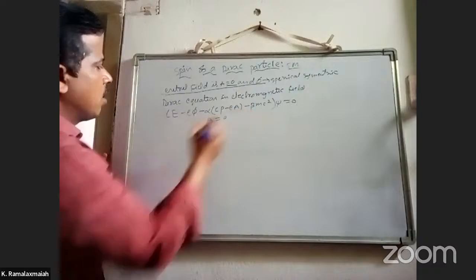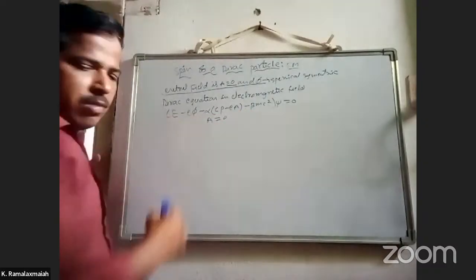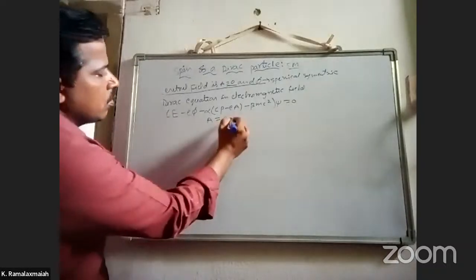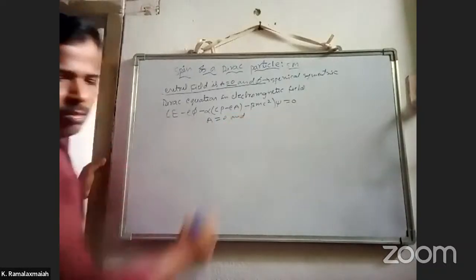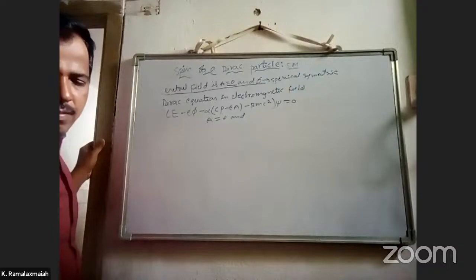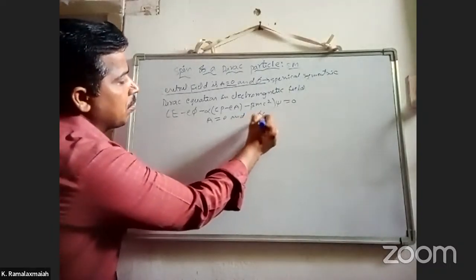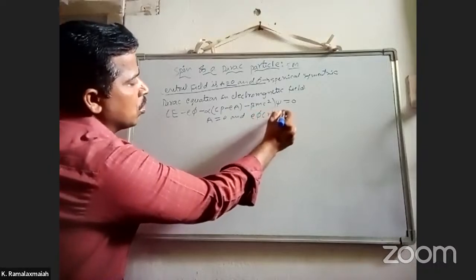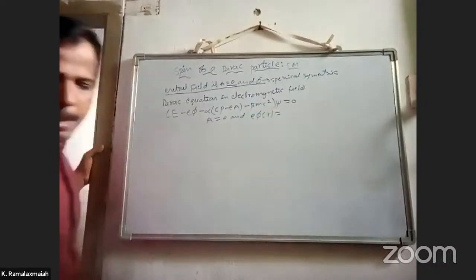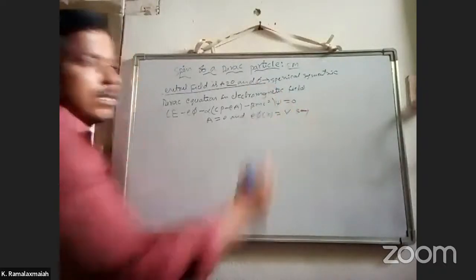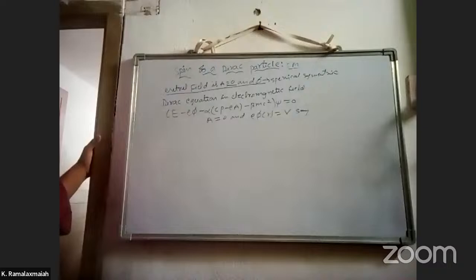Similarly, e phi of r is equal to V. So substitute that value here.